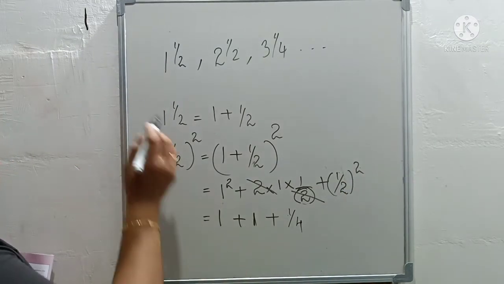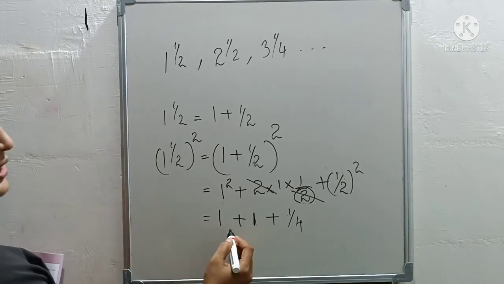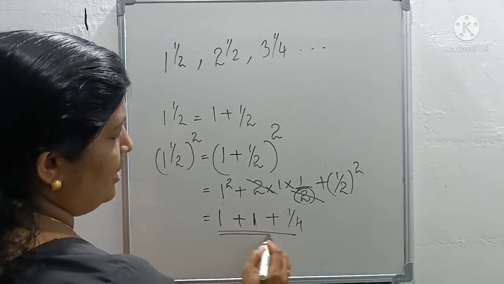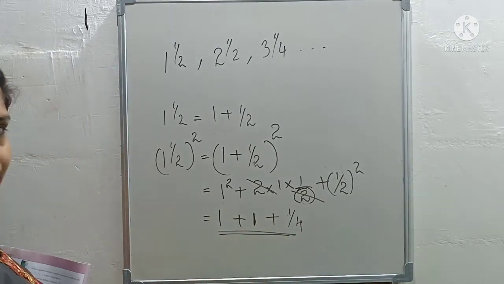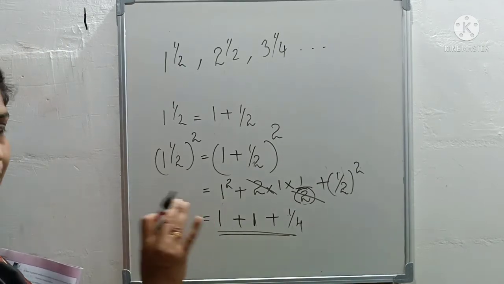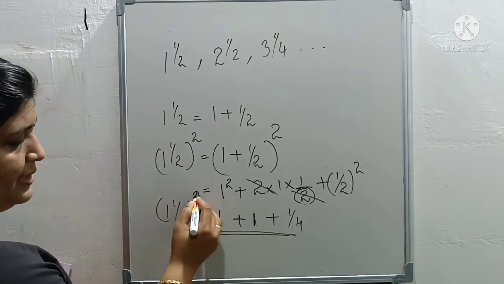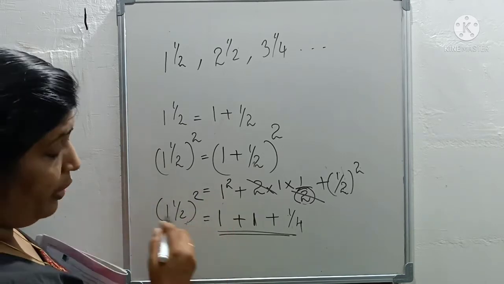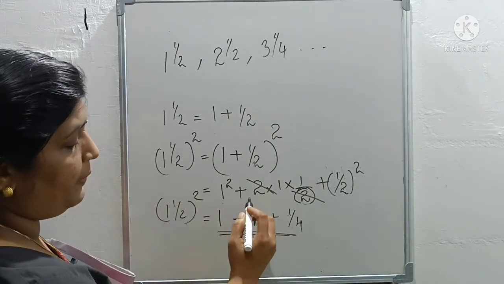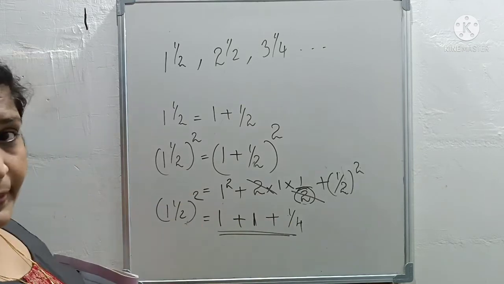Okay, so the square of 1 1/2 is equal to 1 plus 1 plus 1/4. Keep this in mind.